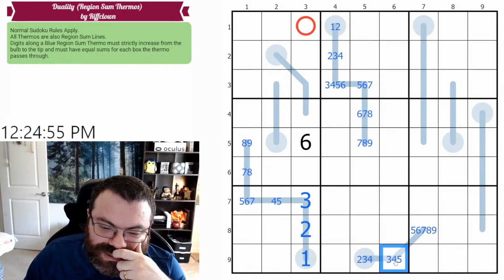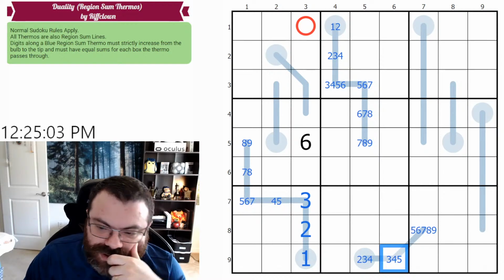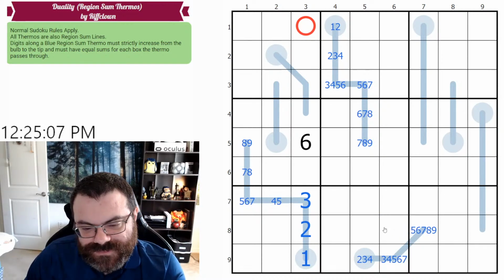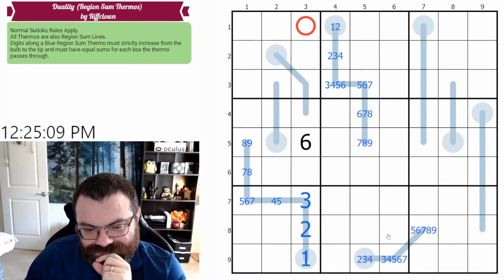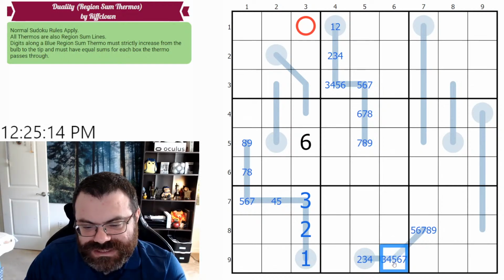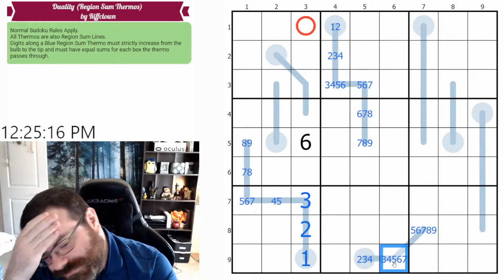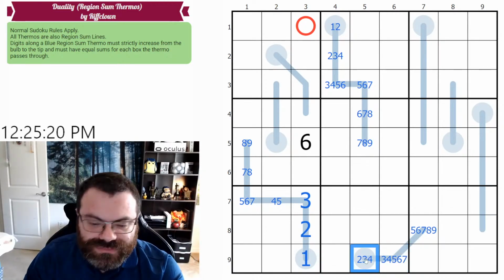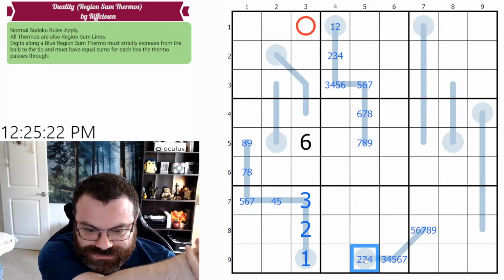You think this can be higher? Yeah. This could be as high as 7. This can't... This can't be higher than 4, though.